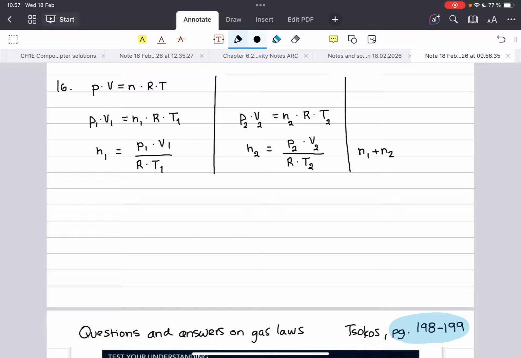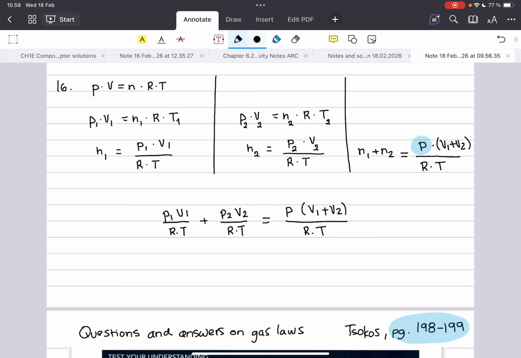So the volume will be, that's going to be equal to a new pressure. We don't know the pressure. That's what we're looking for. But the volumes will be added. And the temperature, it says it remains the same. So what if I just write it as T all over like that? So we can create an equation that P1V1 over RT plus P2V2 over RT is going to be equal to the final pressure times V1 plus V2 divided by RT.